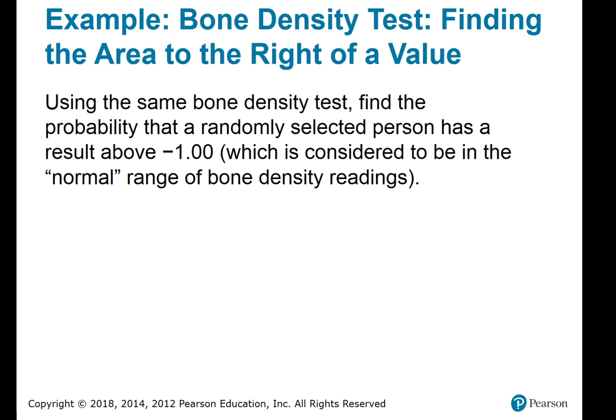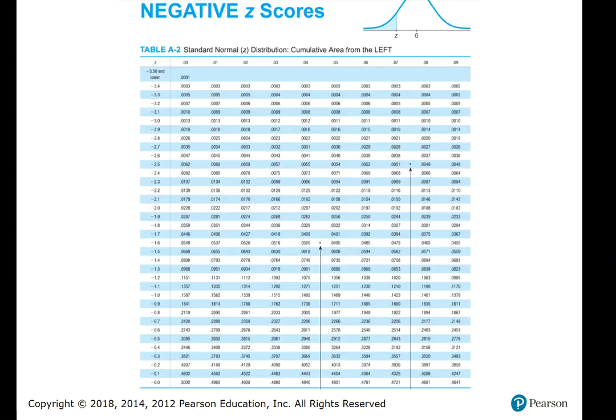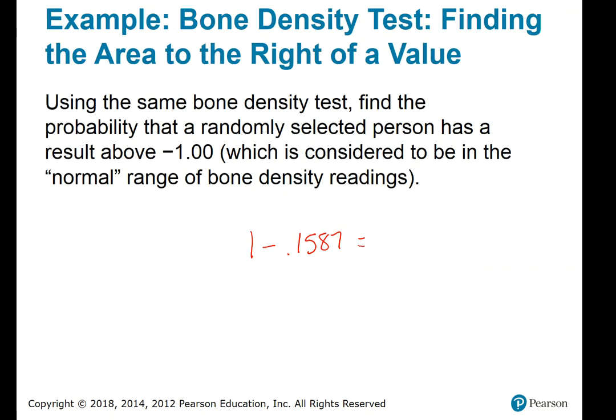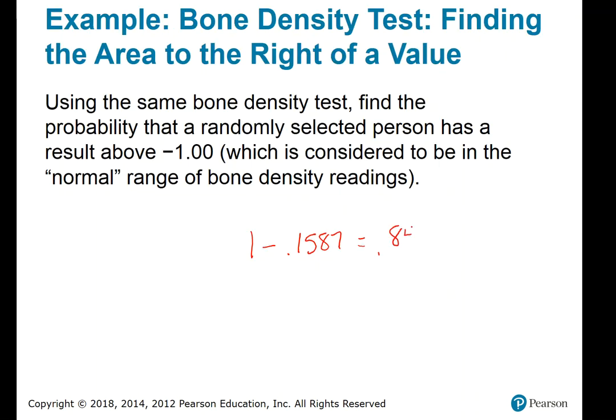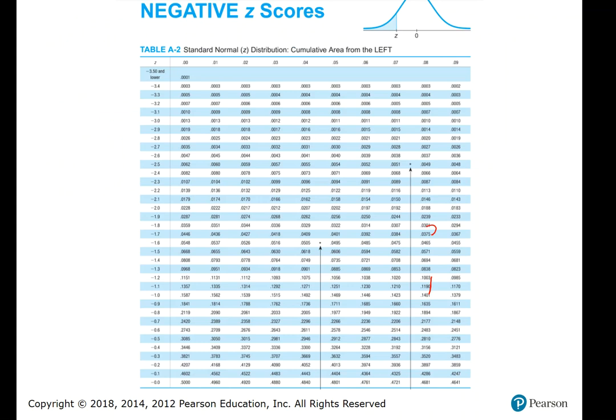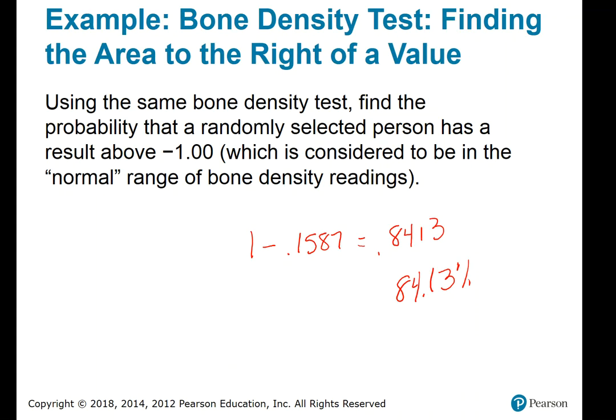So I'm going to do 1 minus 0.1587, which gives me 0.8413, or 84.13% of the time you will find a person who has a result above a -1.